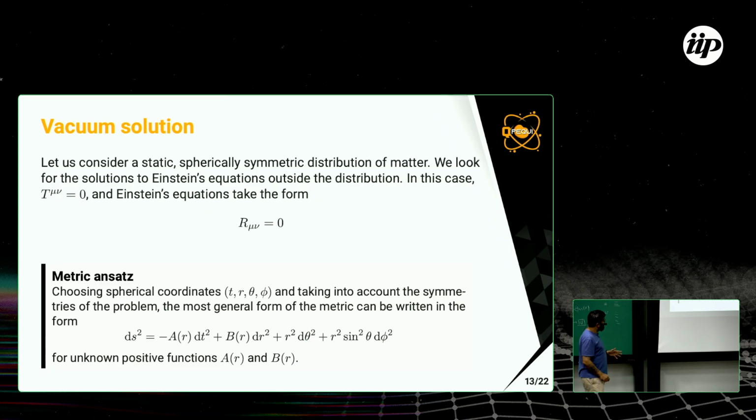So the first thing that he did was to say, look, the most general form of the metric must be this one. Why? Well, because if it's static, nothing depends on time, so the metric cannot depend on time. The other thing, since it's static, time reversal symmetry must hold. The general form of the metric is this, no?